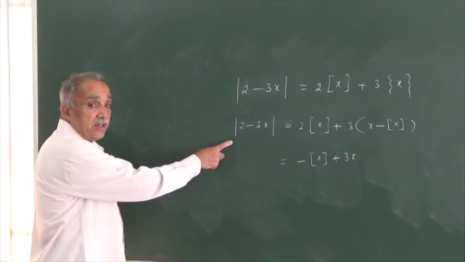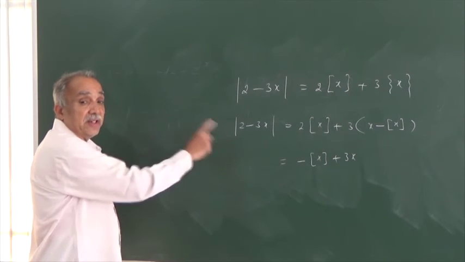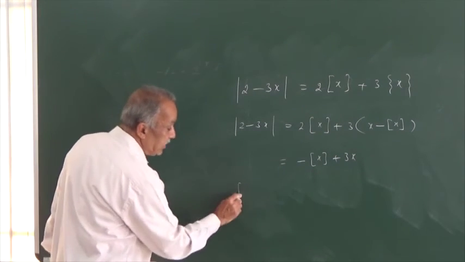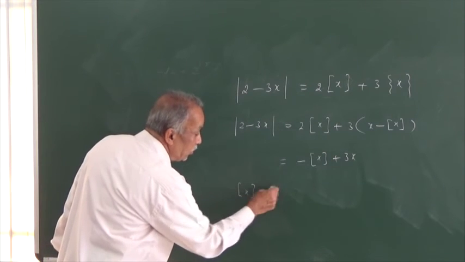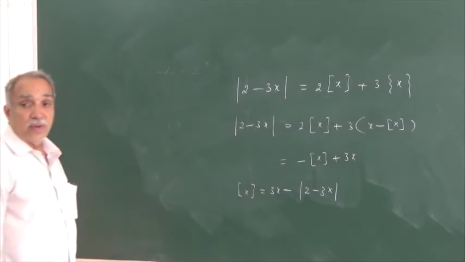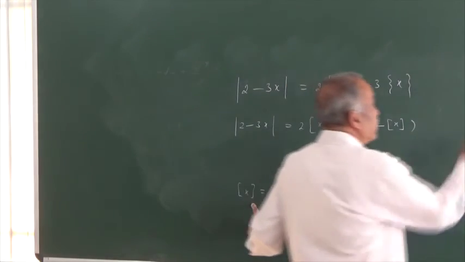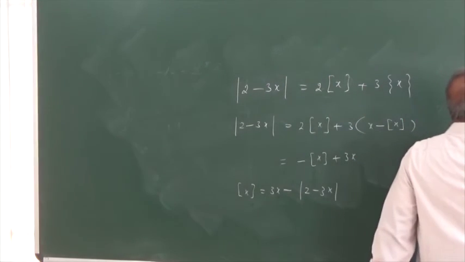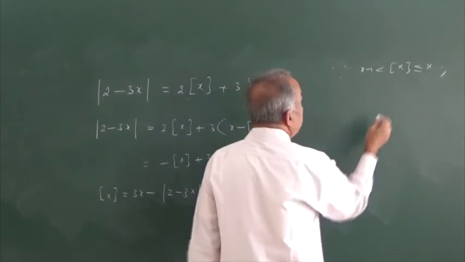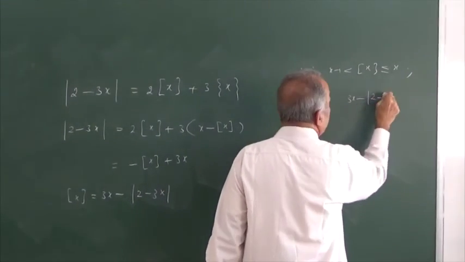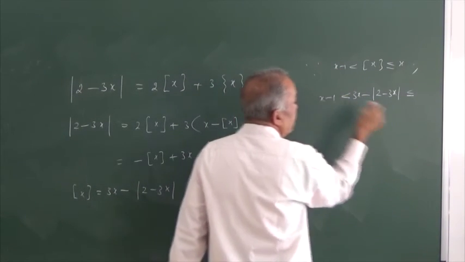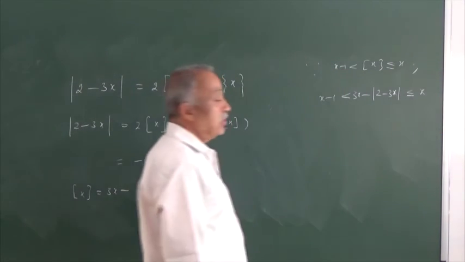There is a modulus here. We will try to get rid of that later, considering two sub cases. The equation first will be written as integer part x equal to 3x minus modulus of 2 minus 3x. Because for every x, integer part x lies between x minus 1 and x, we get 3x minus mod of 2 minus 3x is a number between x minus 1 and x, x minus 1 excluded, x included.